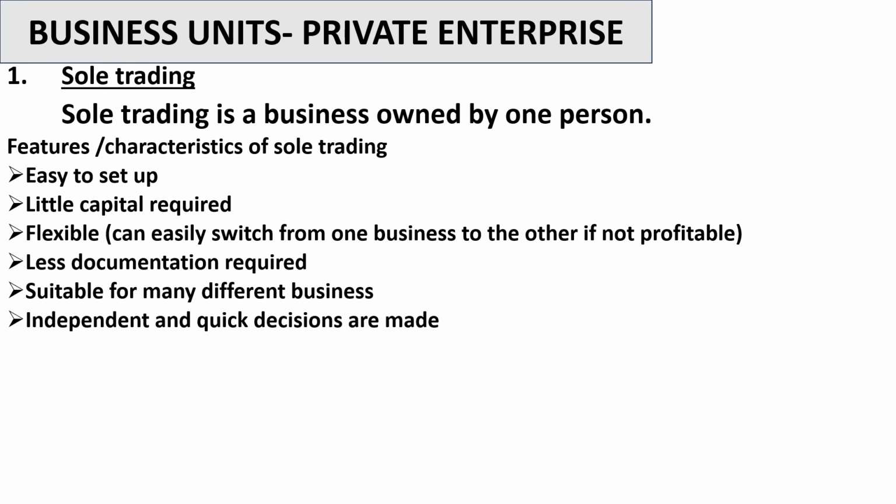Another feature is independent and quick decisions are made. That is to mean your decisions cannot be influenced by other people. You are the owner, so you make decisions, and you won't waste time making decisions.